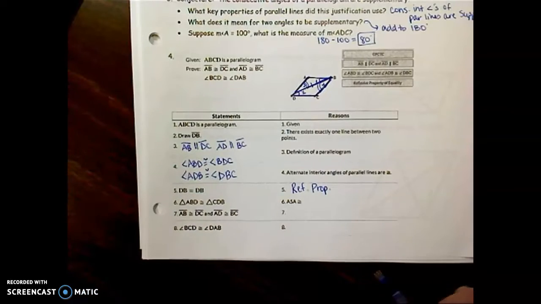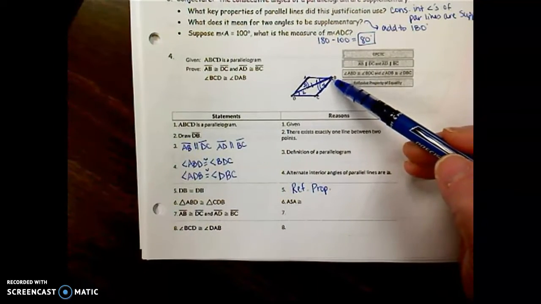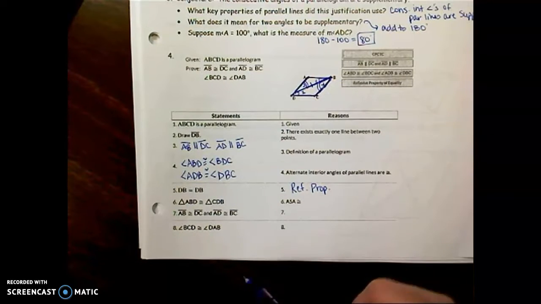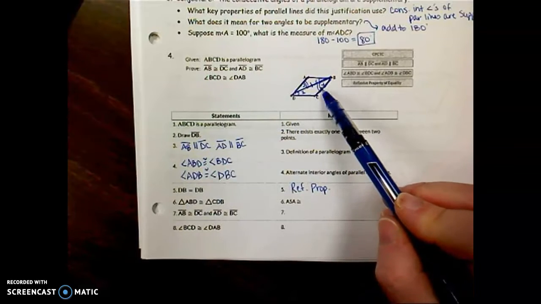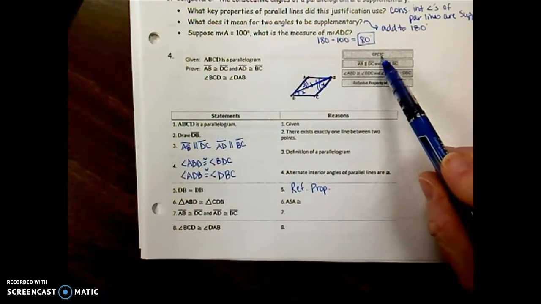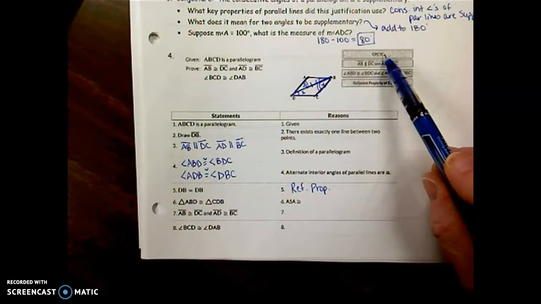So now we have enough information to say that these two triangles, triangle ABD and triangle CDB, are congruent by ASA, angle side angle. Now remember what almost always follows proving triangles congruent in a proof. Remember CPCTC that says corresponding parts of congruent triangles are congruent.